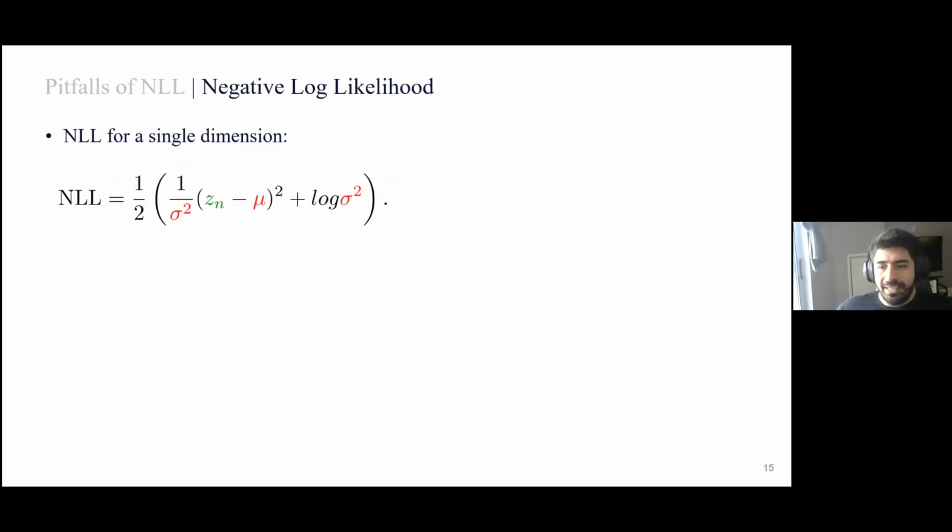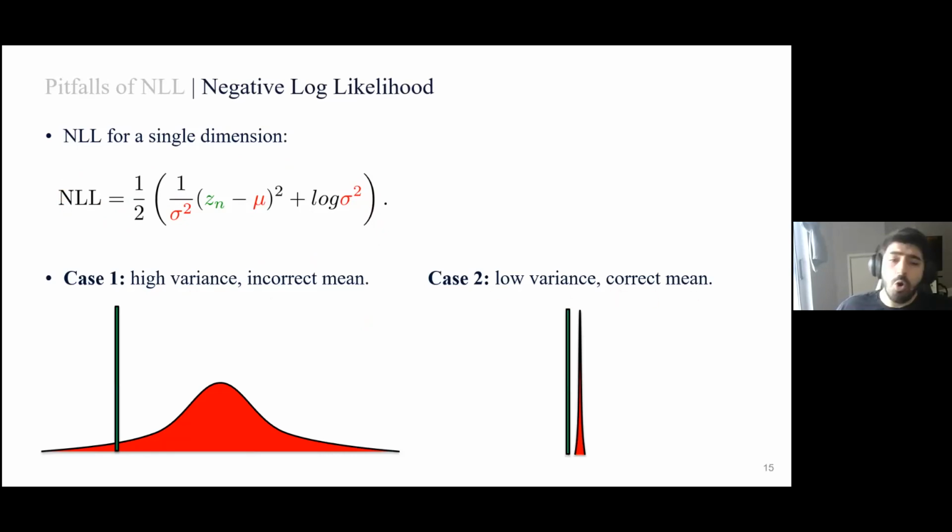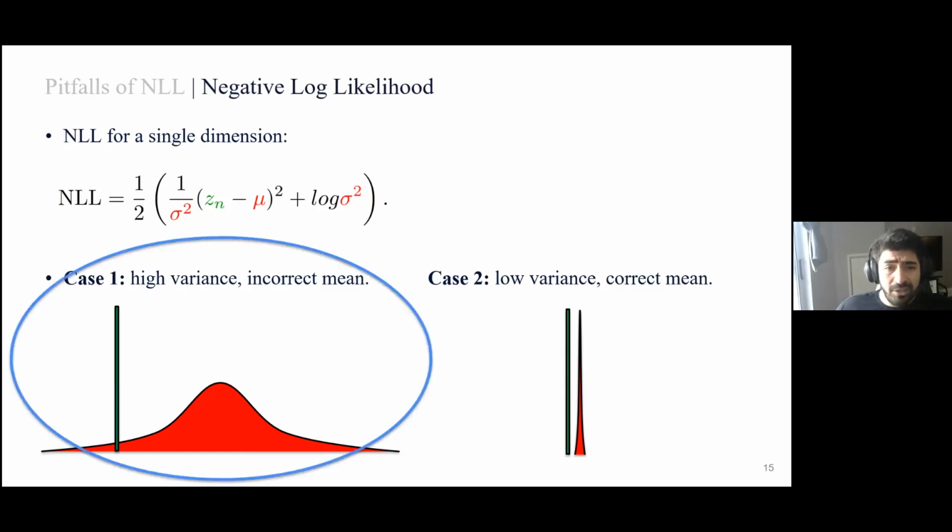What does locality intuitively mean? We look at the negative log likelihood at a single dimension. Given two distributions, one that has a high variance and incorrect mean, and one that has a low variance but a more correct mean, which of these two would negative log likelihood prefer? The answer is the high variance, incorrect mean one. Why is that?